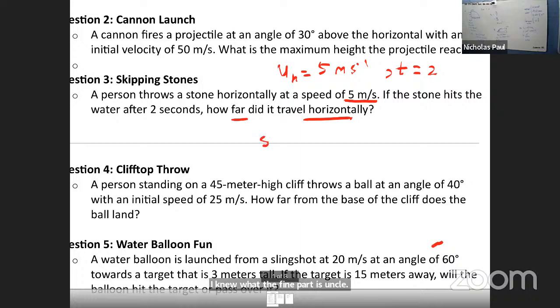So S is equal to V by T. V is 5, T is 2, so that's 10. That's all? Nothing else? Because we have everything horizontal. Sometimes it'll be the hardest question because you overthink it, but it's real simple.